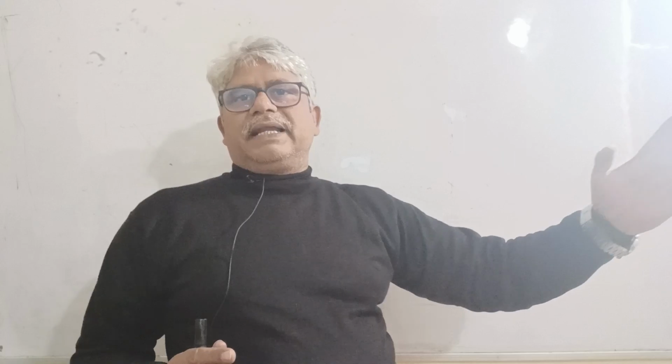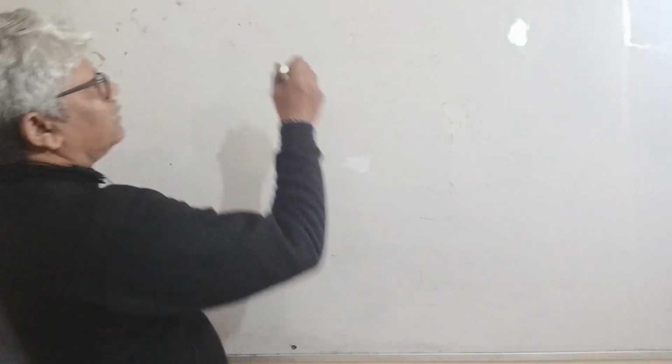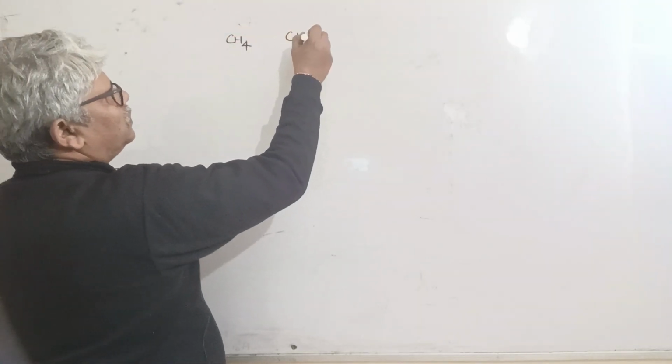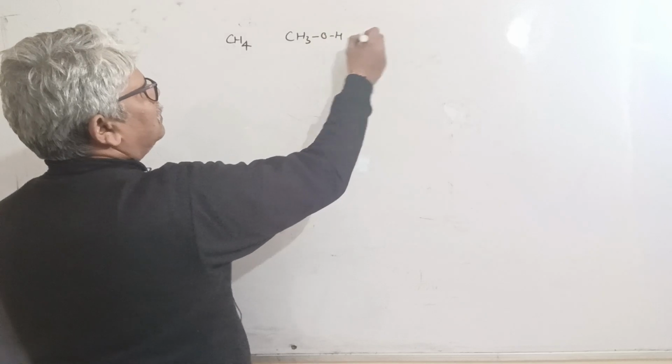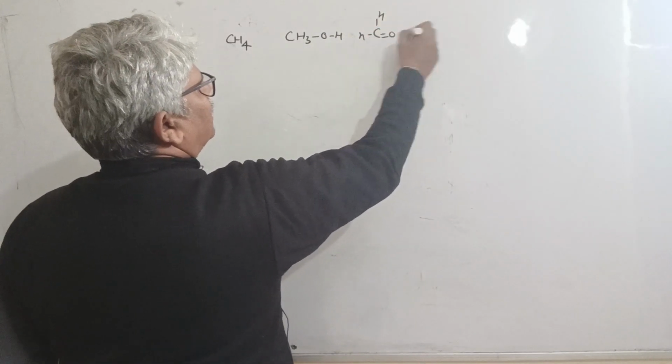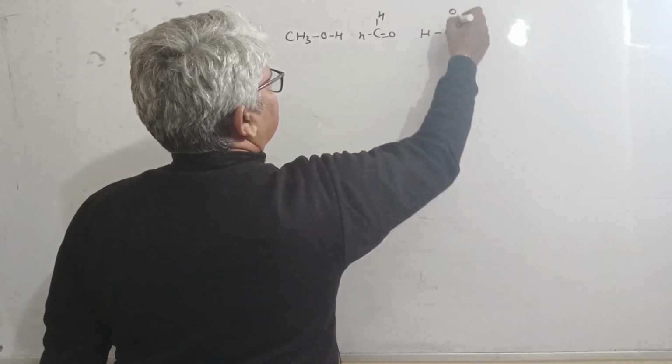To and fro. To means in forward direction, fro means backward direction. Let us see. Allow me to write methane converted to methanol, converted to methanal, converted to methanoic acid.